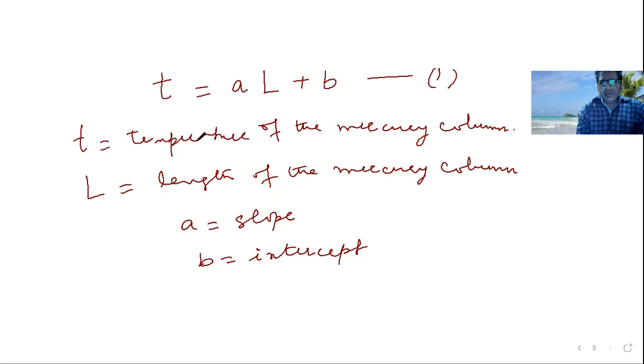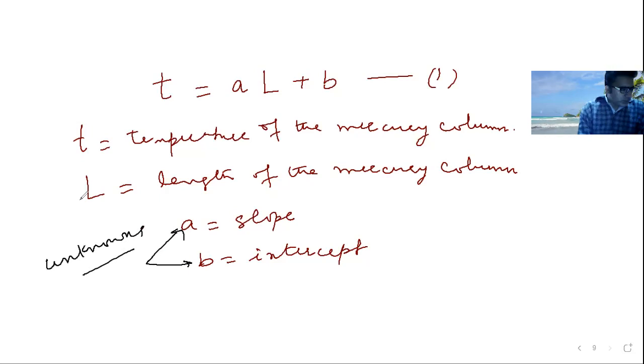Now A and B are unknowns. Now how can we solve for these two unknowns?